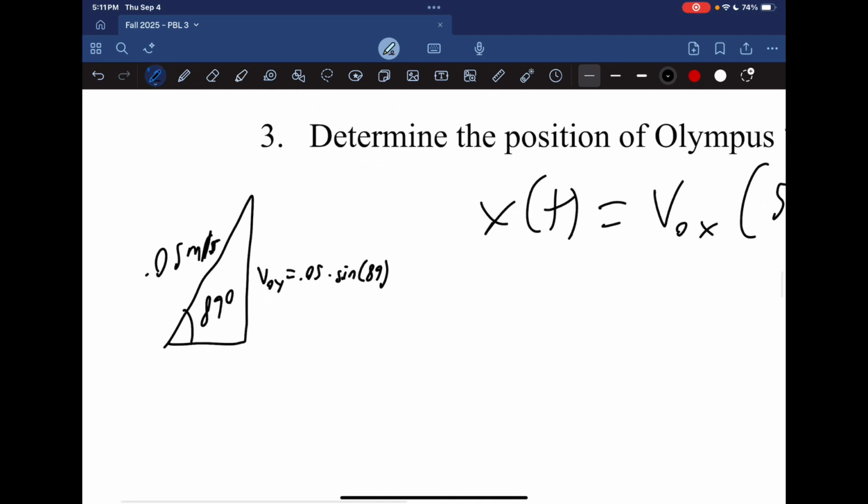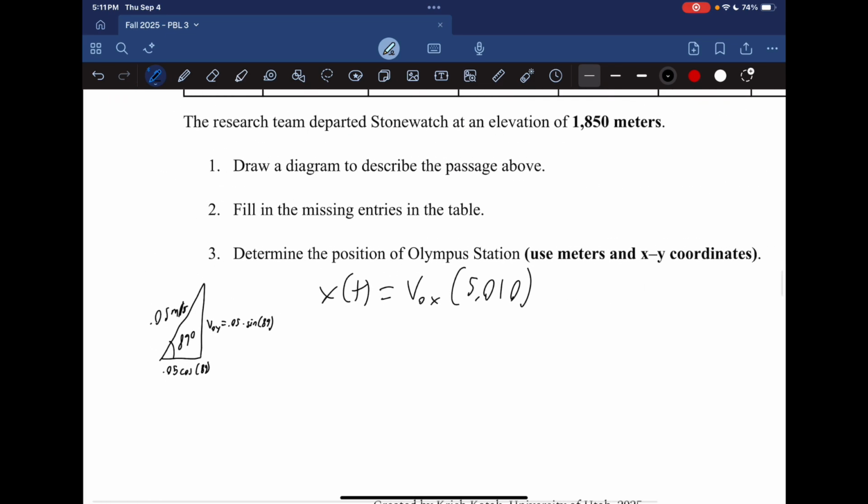So we need our v naught in the x direction. That's going to be 0.05 times cosine of 89. So let me go ahead and plug that in. We get 0.05 times cosine of 89 degrees. It is a very, very small number.